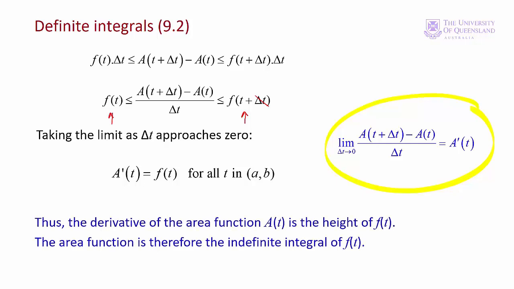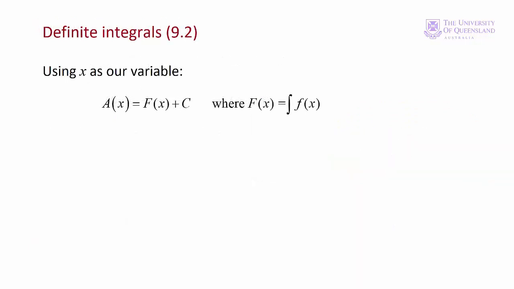So the derivative of the area function A of t is the value of the function f of t. It follows that the indefinite integral of f of t is equal to A of t. We use the t variable there as a dummy variable. Let's go back to using the x variable. So the area function A of x is equal to big F of x plus c. Big F of x is the integral of little f of x.